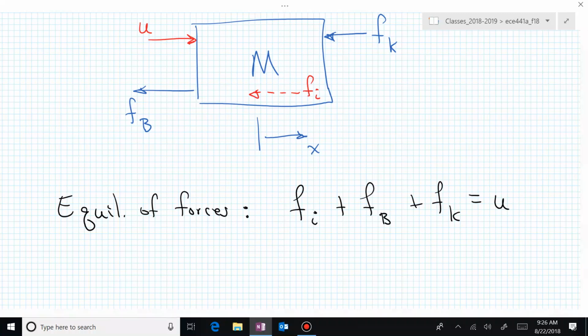Question? So what is the inertial force? The inertial force is really just accommodating for mass times acceleration.